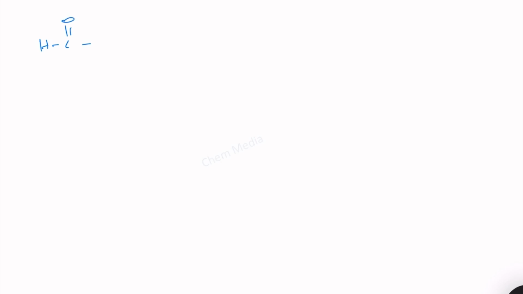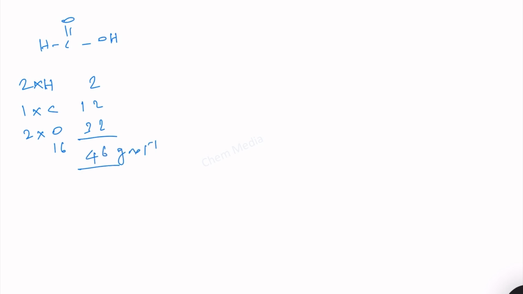Let us first find the molar mass of formic acid. We have 2 hydrogen atoms, so 2, 1 carbon atom 12, 2 oxygen atoms and therefore 2 times 16 is 32. So, what we have here is 46 gram per mole, and what is the weight given? 2.3 gram divided by 46 gram per mole.